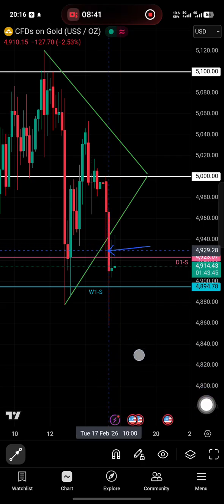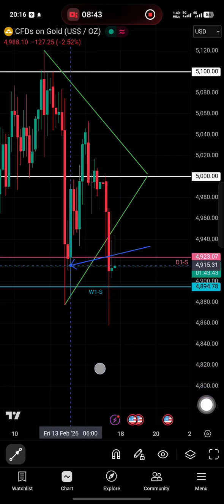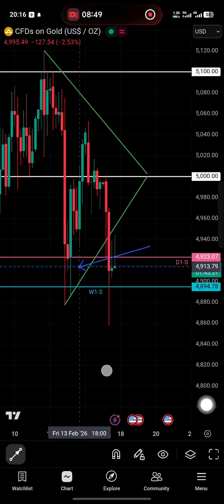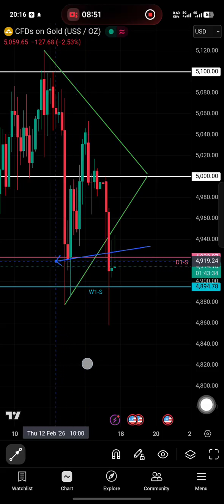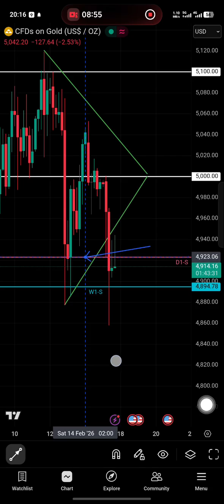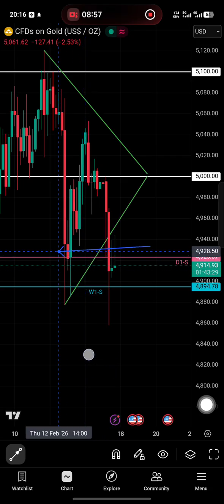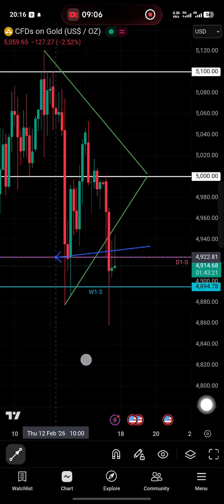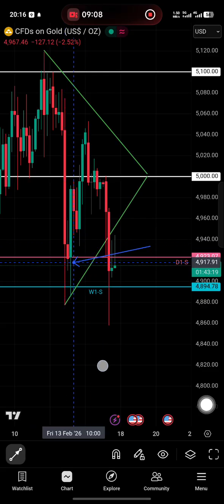Because price goes all the way down to touch this key support, which is the reversal candle of the 4-hour and also a daily support, which means this is a strong key support, because it is the support of two time frames at the same place, right? Two time frame supports in confluence with each other means this is really a key support.